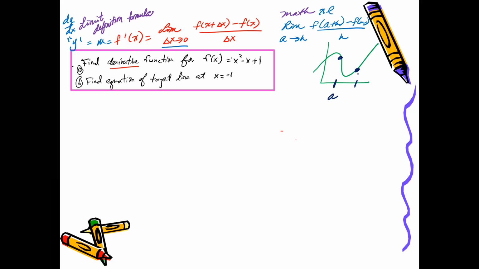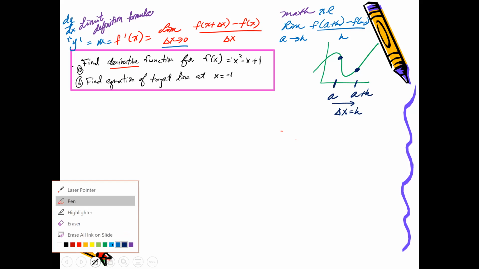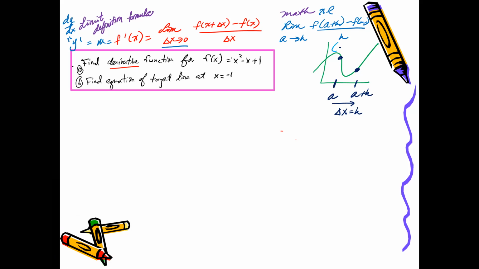The x value for the second point is a plus h, because a is being shifted over, and this change of x value is h. So if I label this, my first point is a, comma, f of a. My second point, because a is shifting over horizontally, is a plus h, comma, f of a plus h.